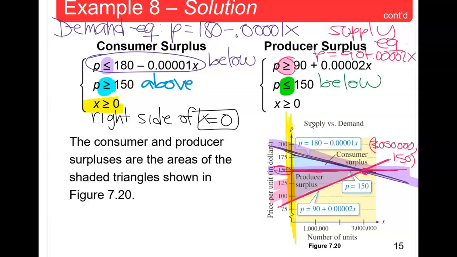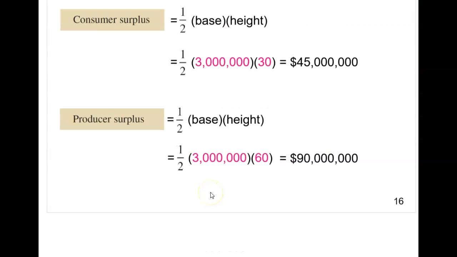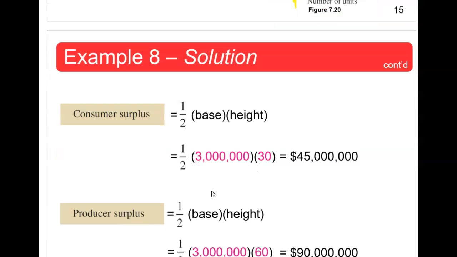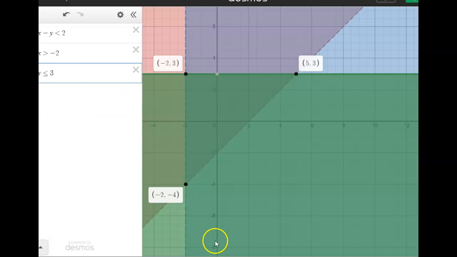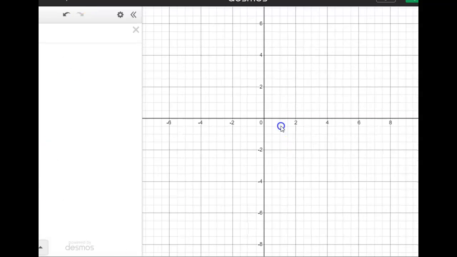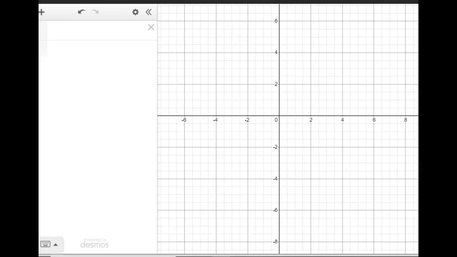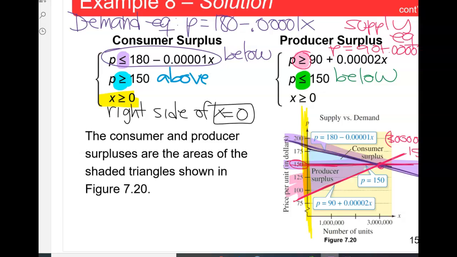And if you are not sure on how to solve something like this, we could go, oh wow, we still have to do something, but let me show you how you will graph this one. So I'm going to delete what I have here. Okay, so we start with, let's just graph the demand equation like you see it here with the equal sign.